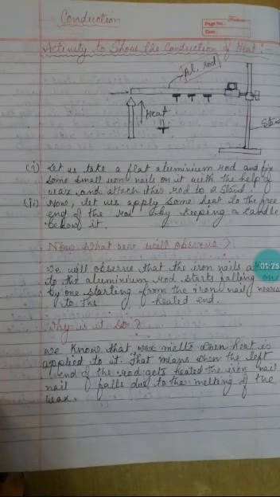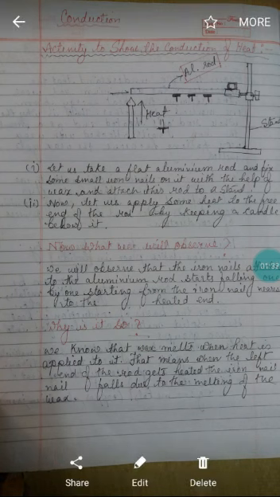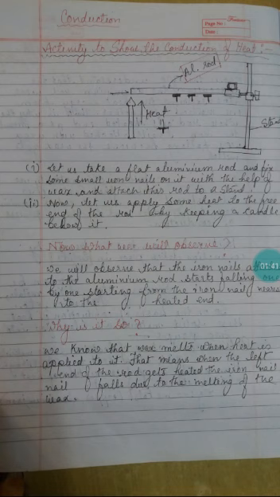We know that wax melts when heat is applied to it, right? That means when the left end of the rod gets heated, the iron nail starts falling due to the melting of the wax. Simple.